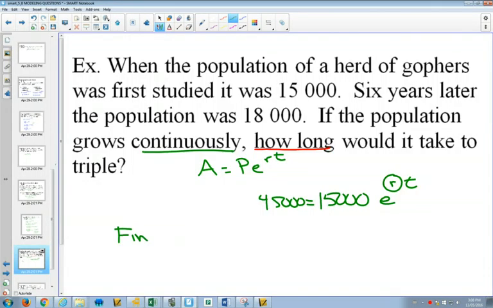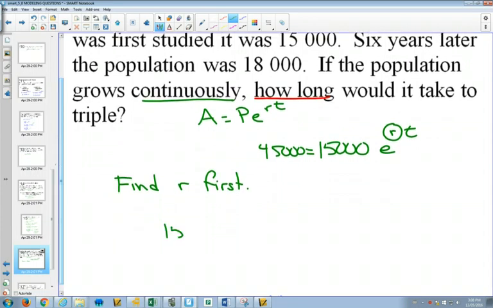So then you have to back up a little bit, and we're going to have to find r first, because it wasn't given to us in the question. It's exactly what Dawson said. We can use the 6 years. We know that in 6 years it went from 15,000 to 18,000. And now the only thing we don't know is the r.